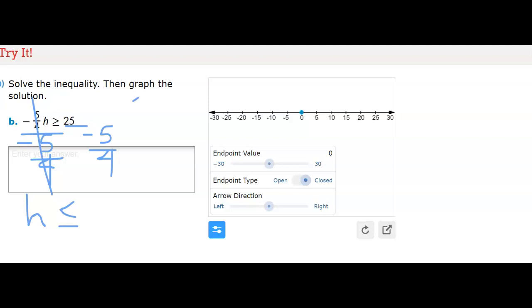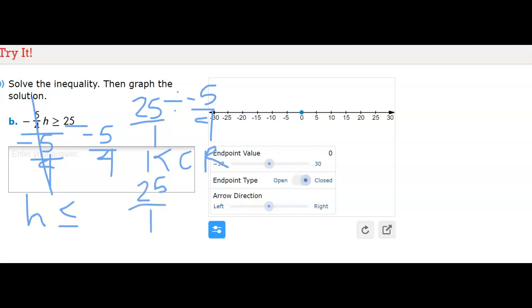I'm going to write this over here, and we're going to put that over 1. We're going to do keep, change, reciprocal. So we have 25 over 1 times 4/5, which now is going to be negative.